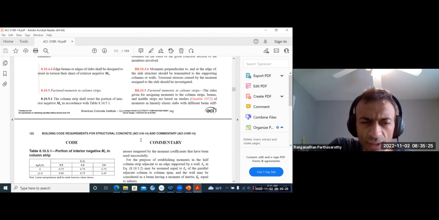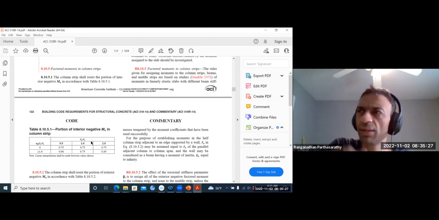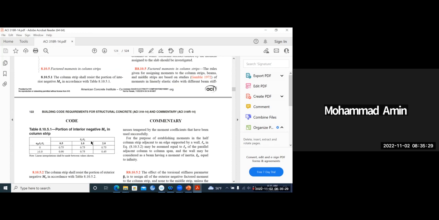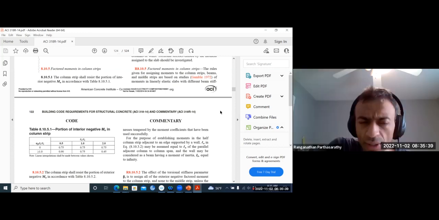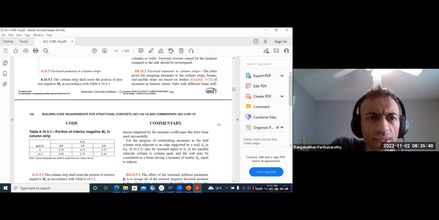Dr. Nathan, yes. In exactly this table, how could alpha F1 L2 over L1 be 0? Yes, so let's go to the alpha F1 calculation.